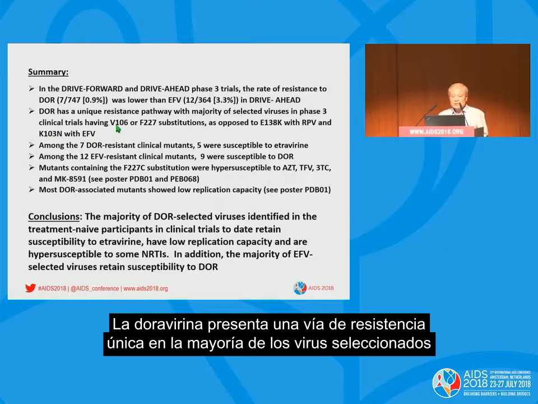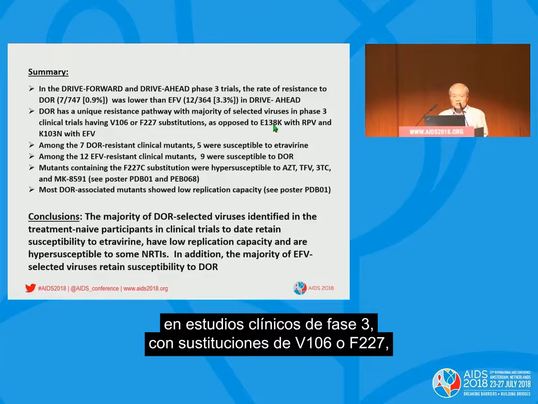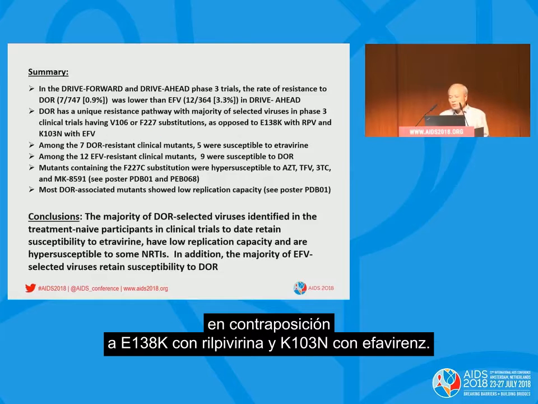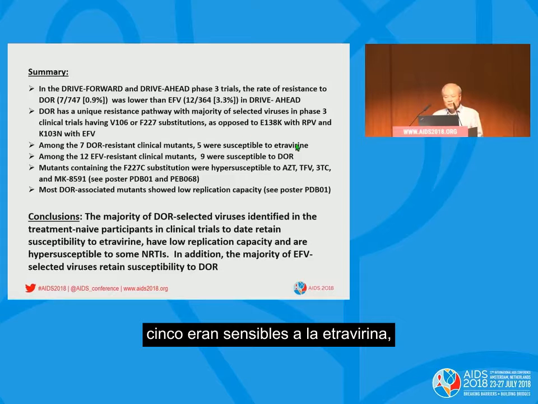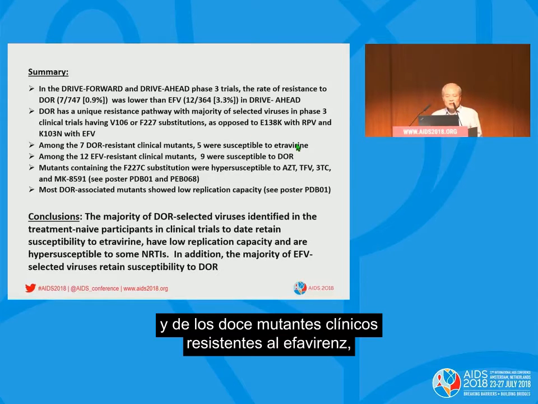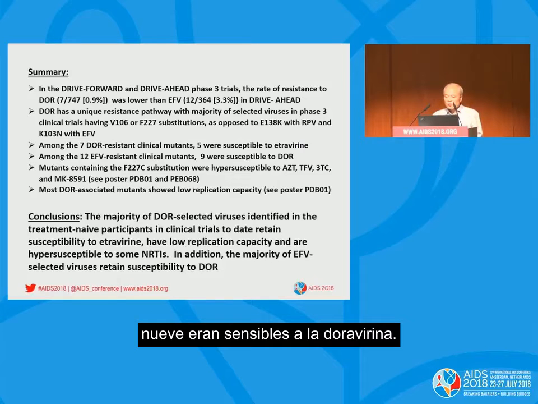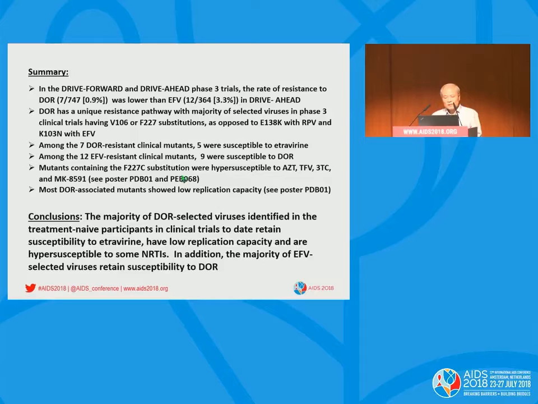Doravirine has a unique resistance pathway, with the majority of selected virus in phase 3 clinical trials having V106M, F227 substitutions, as opposed to E138K with rilpivirine and K103N with efavirenz. Among the 7 doravirine-resistant clinical mutants, 5 were susceptible to etravirine. And among the 12 efavirenz-resistant clinical mutants, 9 were susceptible to doravirine.